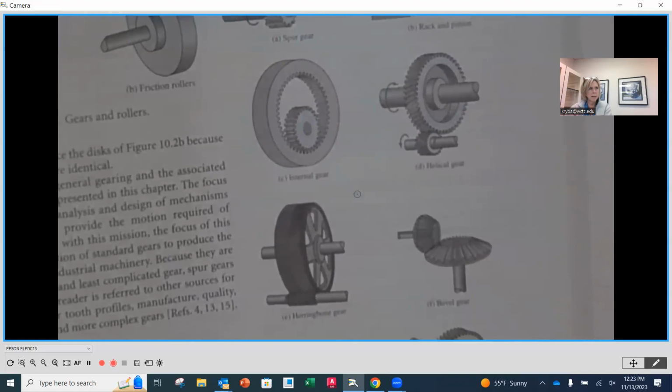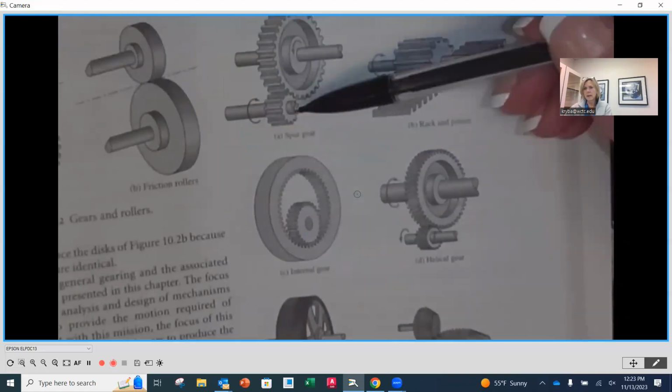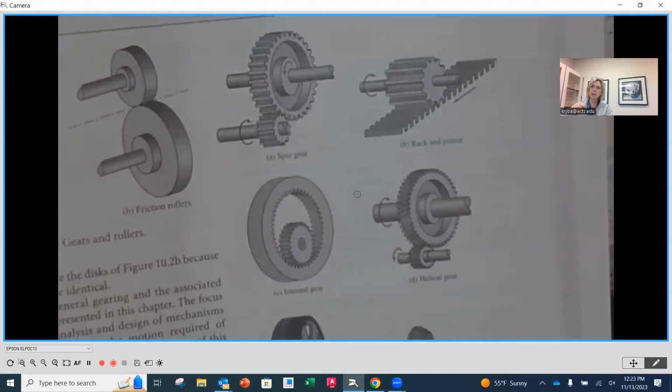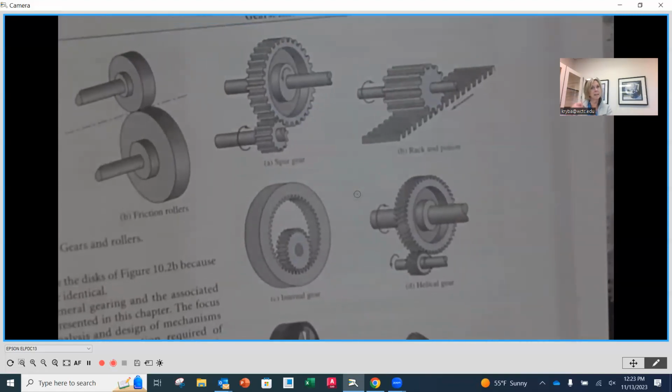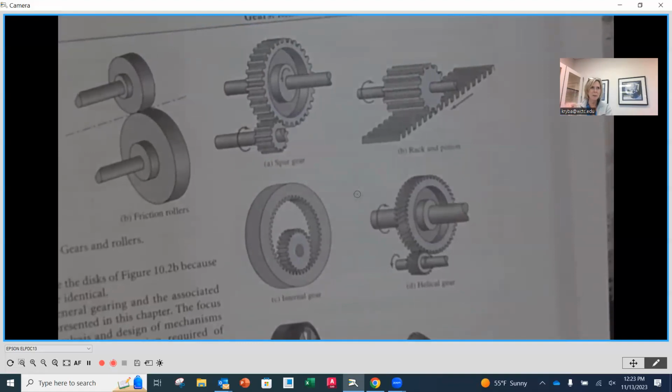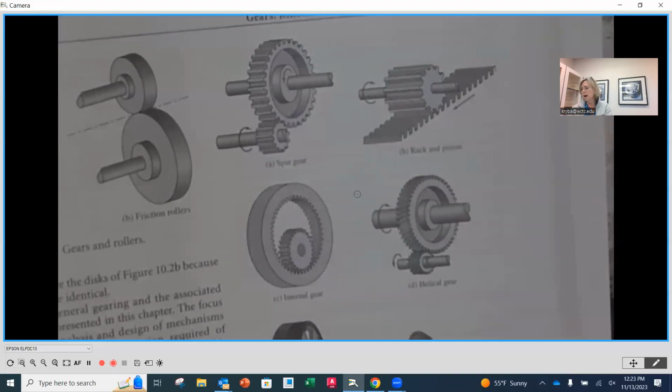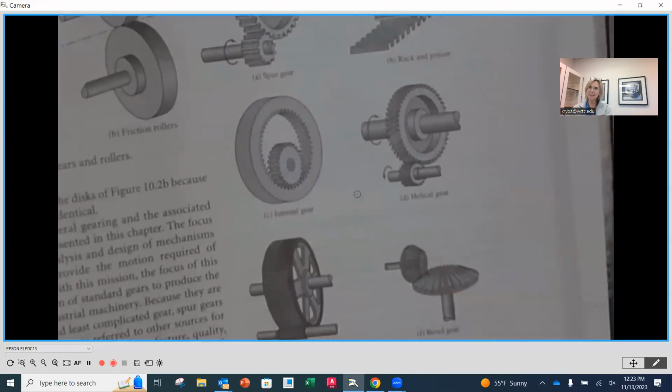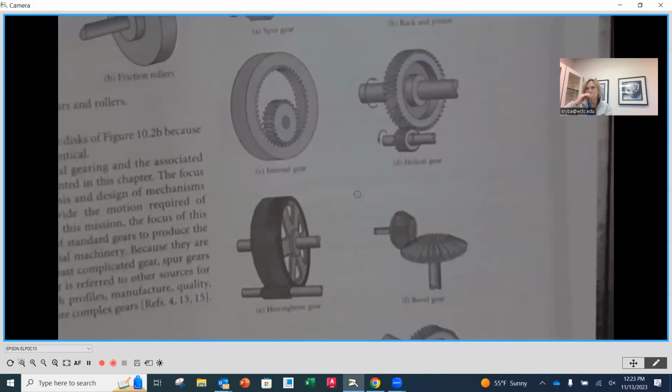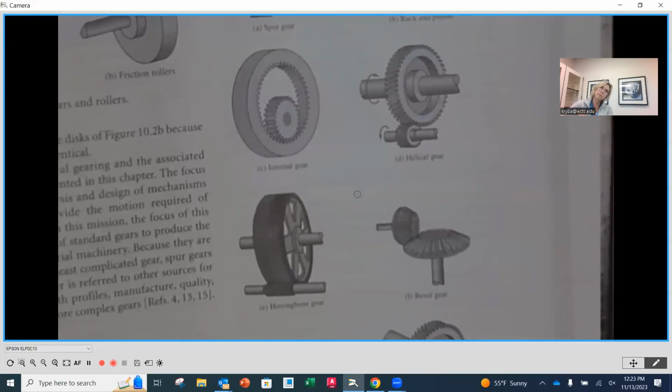Additionally, they're a quieter gear. In the case of a spur gear, as one tooth is disengaging, the next one is coming in, and you can actually hear them engage, click, click, click, as they go along. With a helical gear, because of the nature of that angle, you have partial engagement from the previous tooth as you engage with the next tooth.